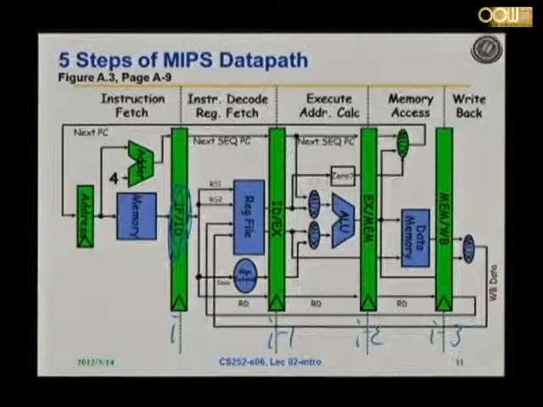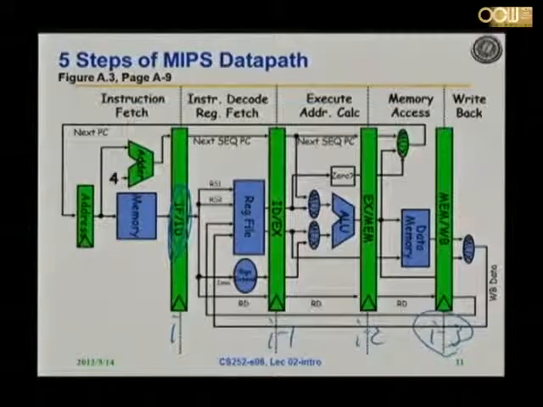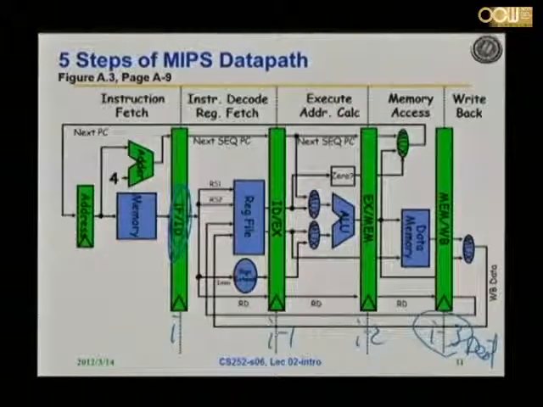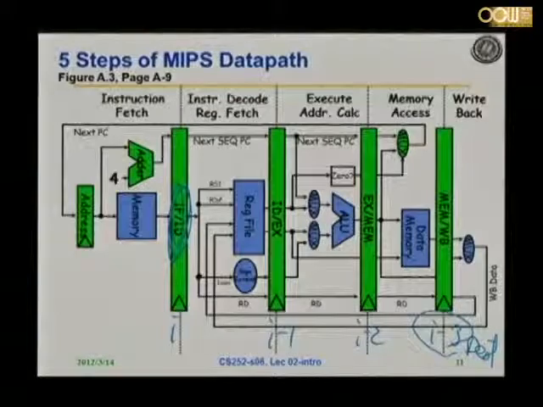Something very interesting is that instruction I minus 3's destination register would be used only after this clock cycle. When I minus 3 comes in, the destination register field is stored here, but it cannot be used right away.